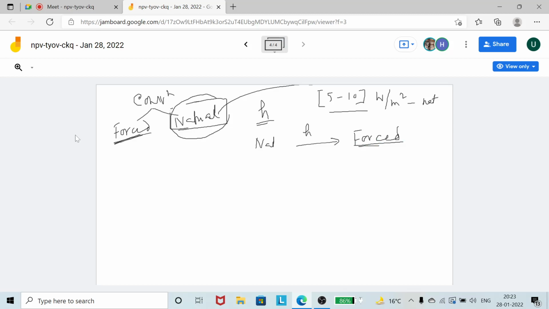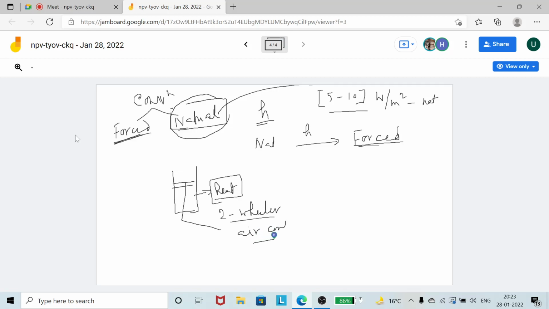So you know that let's say this is a two-wheeler IC engine. There is heat. If you talk of a two-wheeler, it is air cooled.